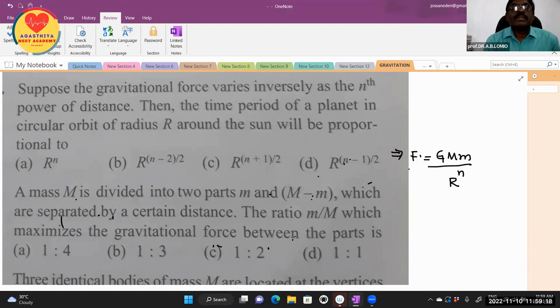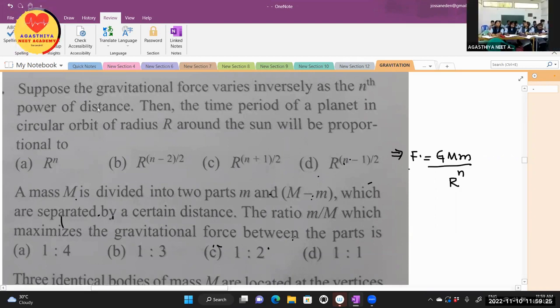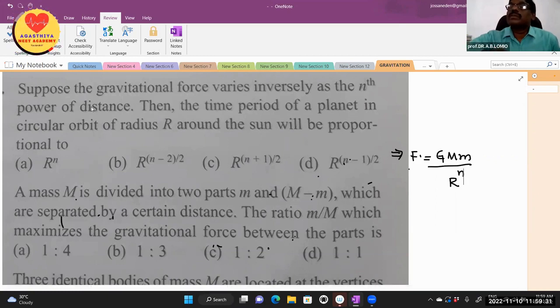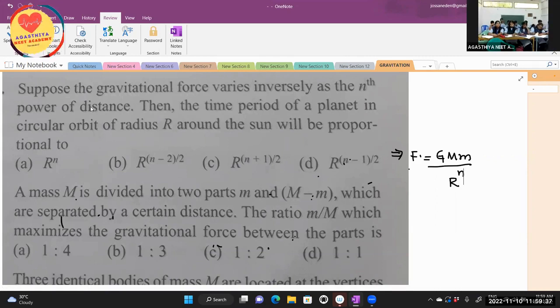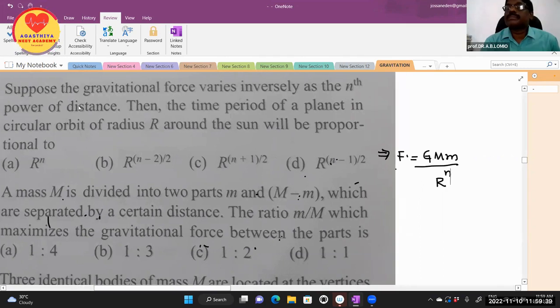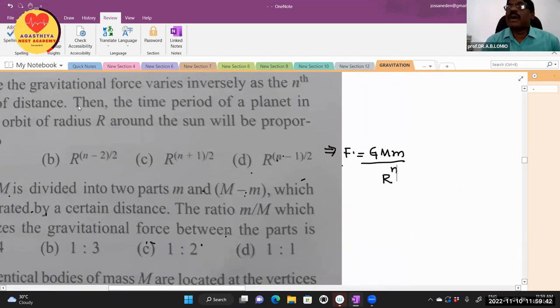The planet is revolving in a circular orbit. The question is, what is the time period? Time taken to complete one circular orbit. How to relate this formula with the time period?